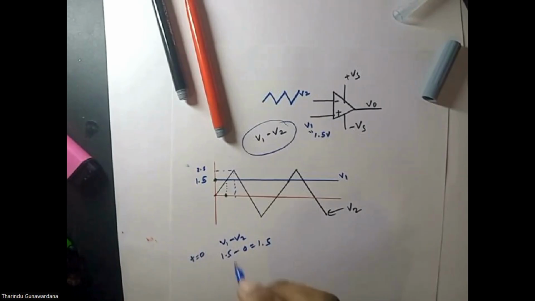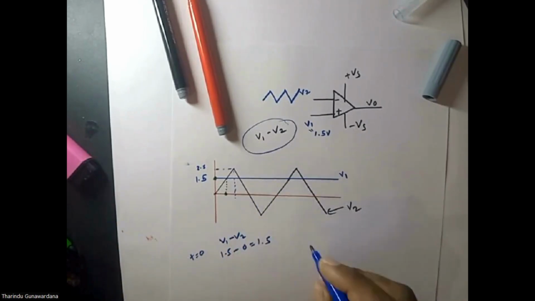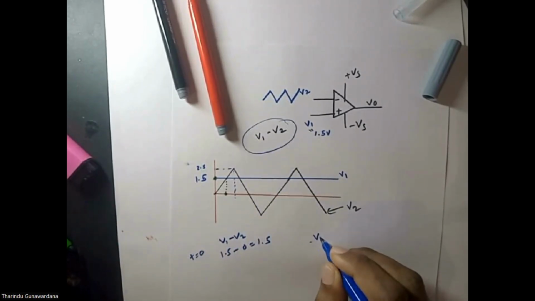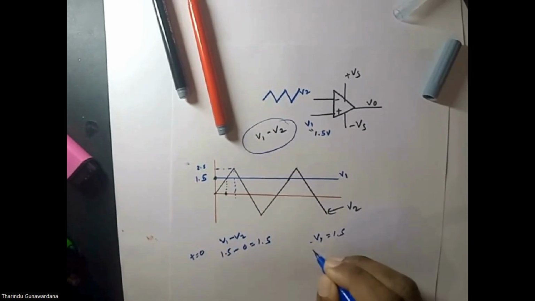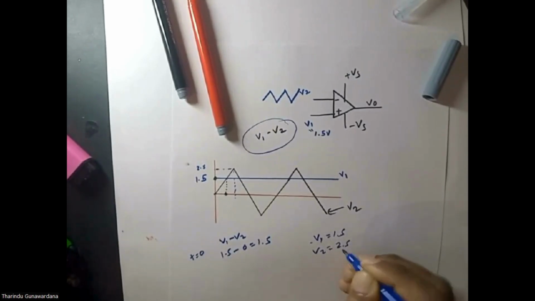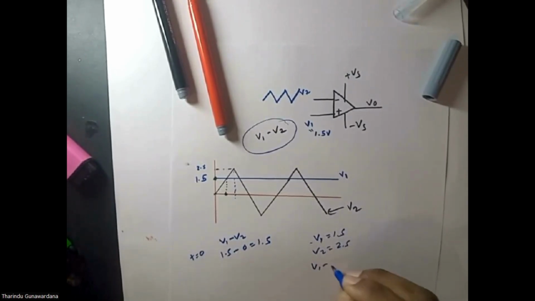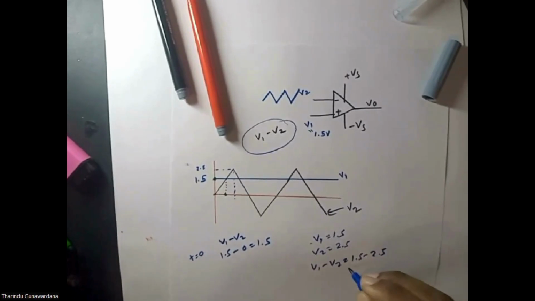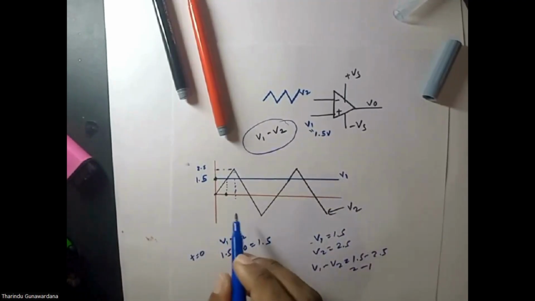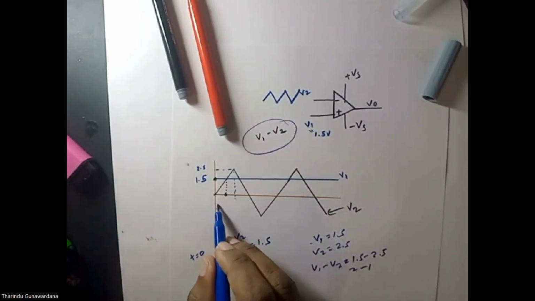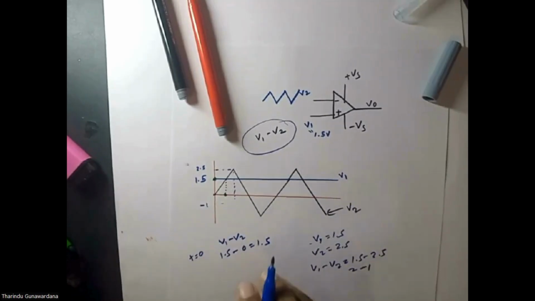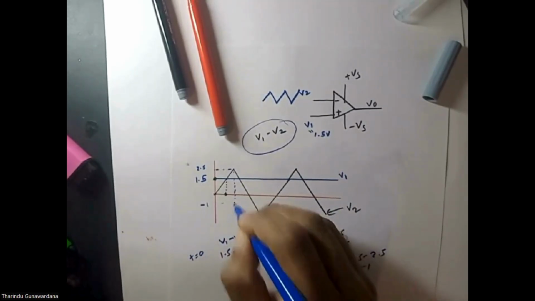V1 value is 1.5, V2 value is 2.5. Then what is V1 minus V2? 1.5 minus 2.5, that is minus 1. So minus 1 is over here.